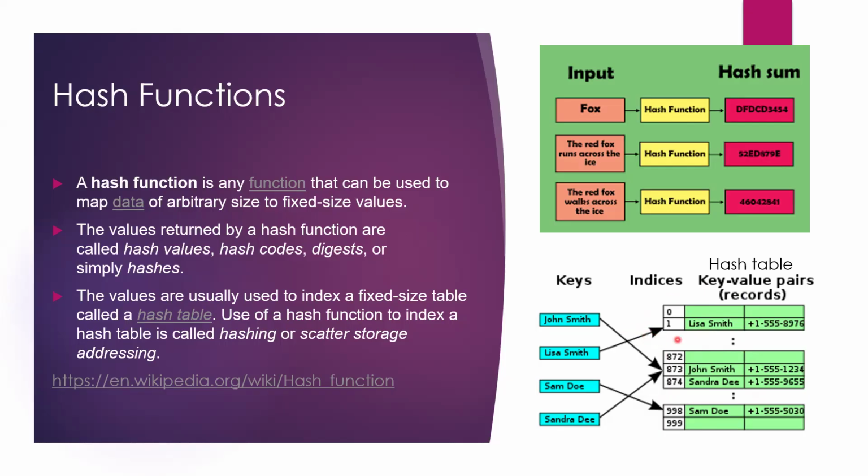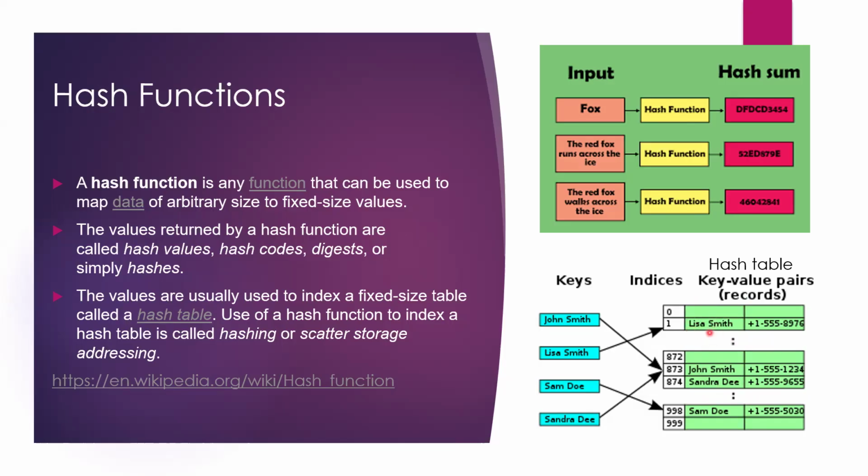It's constant, right? But if you try to search by something like a name or a phone number, that means you're going to have to compare the name that you're searching for with every single name in the table or in the list until you find it. So what is the complexity of that? That would be O of n, right?